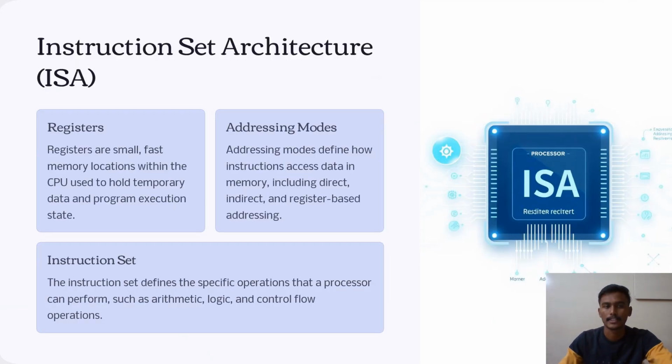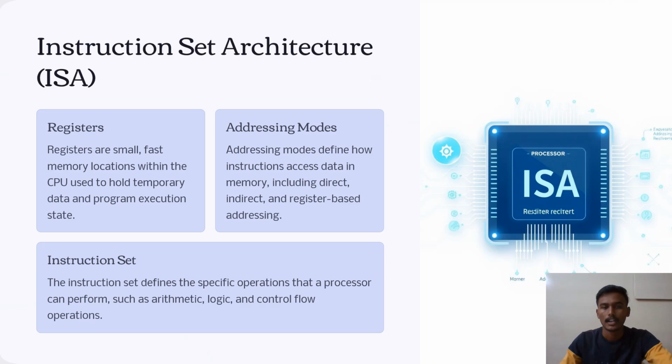Instruction Set Architecture, ISA: registers, addressing modes, and instruction set. It is known as instruction set architecture. Registers are small, fast memory locations within the CPU used to hold temporary data and program execution state.